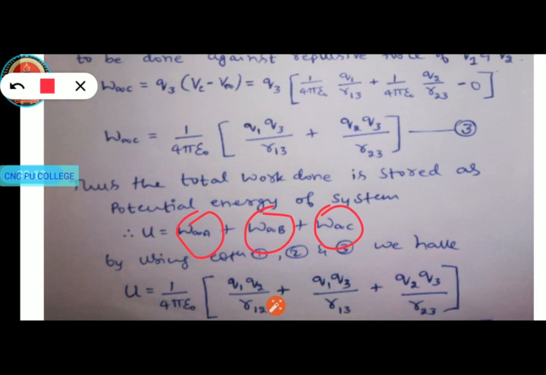So if we add all of them, we are going to get the total work done for a system of 3 charges. That work done will be stored as potential energy. Thus the total work done is stored as the potential energy of the system of 3 charges.